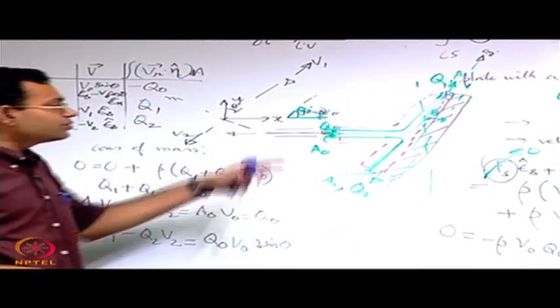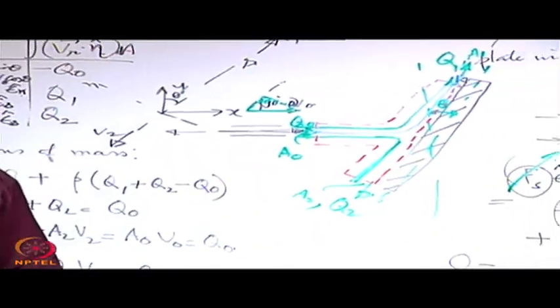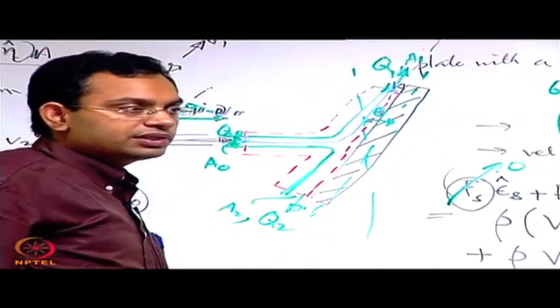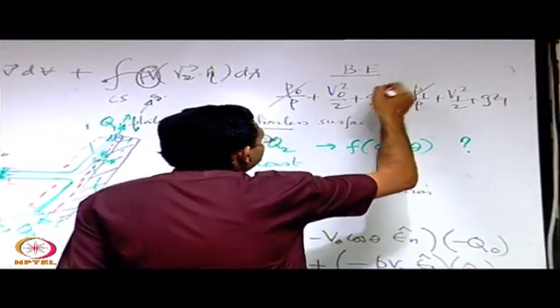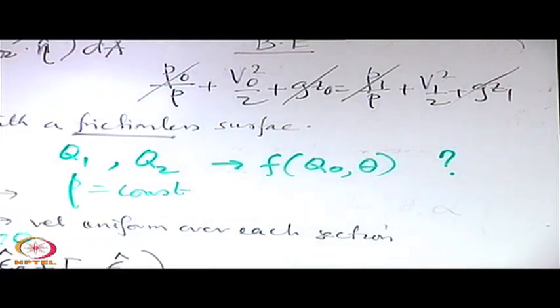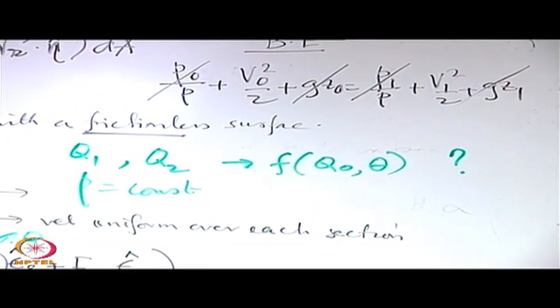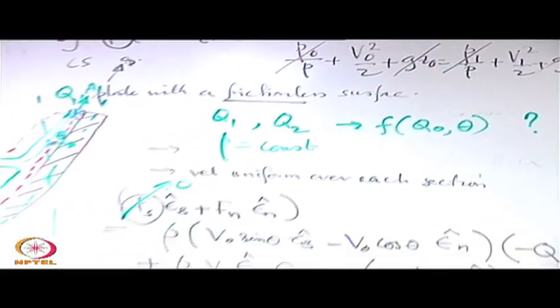So in both places, sections 0 and 1, it is exposed to atmospheric pressure, and because the height difference is not that large, atmospheric pressure will not change substantially. So these two are equal, and because the height difference is not appreciable as we assumed earlier, Z0 and Z1 are approximately the same, or their difference is negligible.